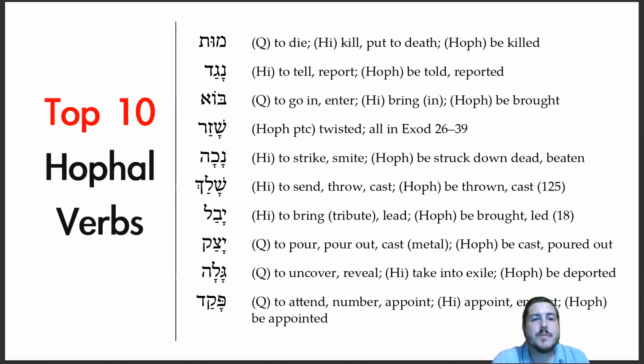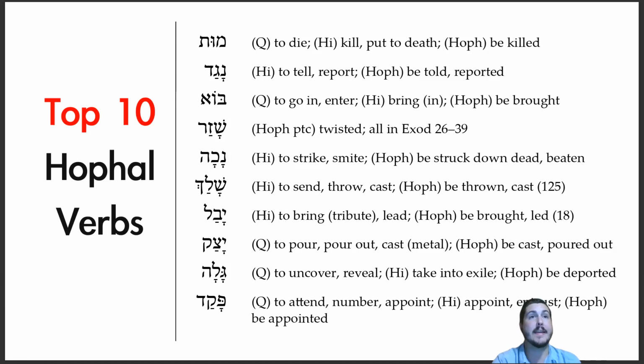Top 10 Hofal verbs. Mut, Hofal being he was killed, to be killed. In the Qal, it's to die. Hifil, it's to kill, to put to death. Nagad, and the Hifil is to tell, and the Hofal is to be told something. Okay, the passive meaning starts coming out. Bo, mentioned in the Qal, it's to enter into or go in.